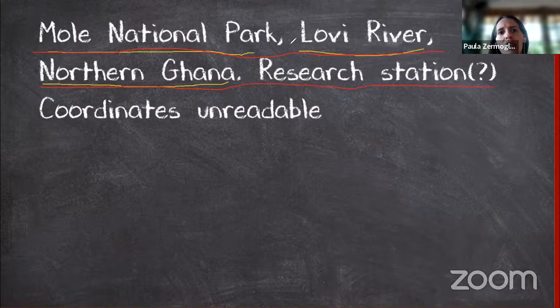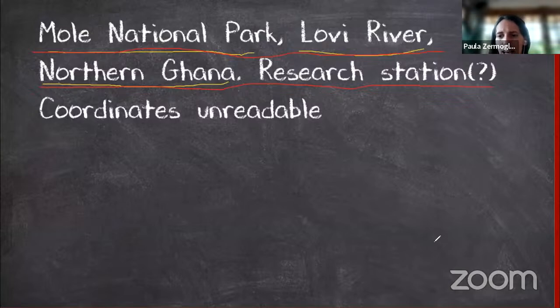It's a research station in the Mole National Park by the Lobe River. So we should capture it all in locality, and we should capture what in verbatim locality? Who can tell me what we'll capture in verbatim locality?